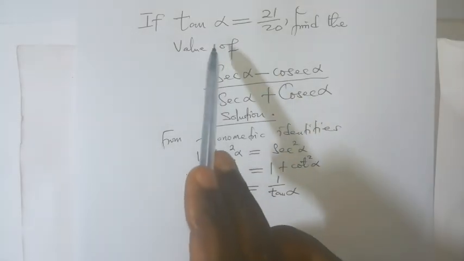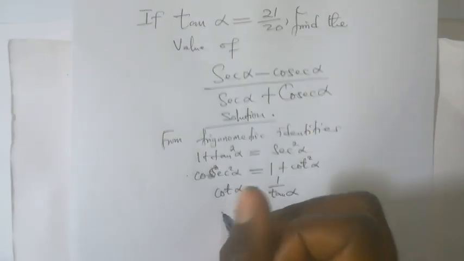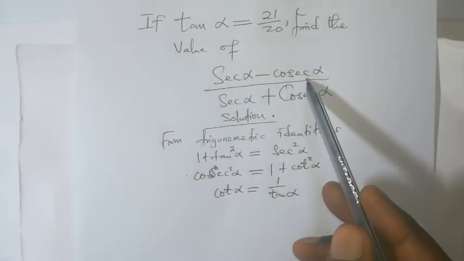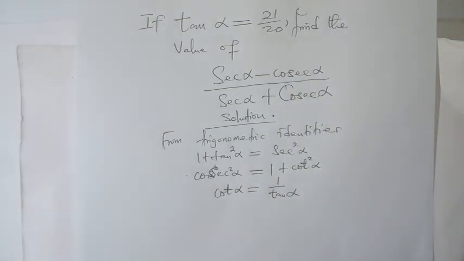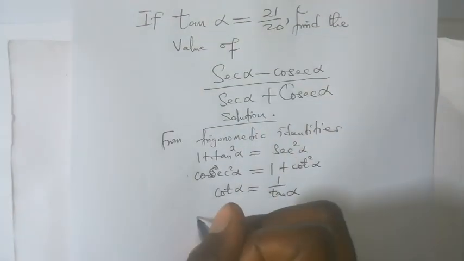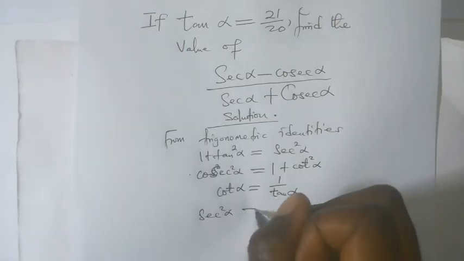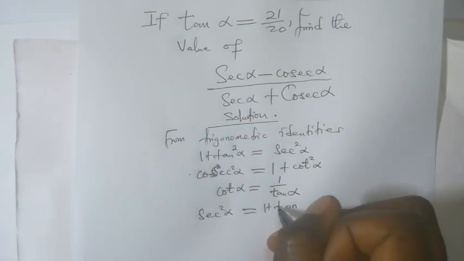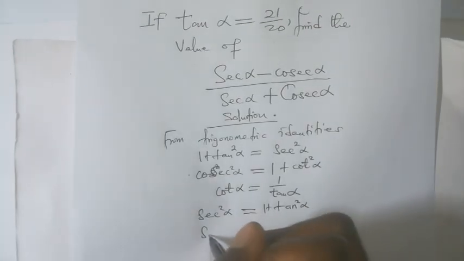So from what is given in the question, let's try to get sec alpha and cosec alpha before we input them here. Sec square alpha is equal to 1 plus tan square alpha. So let's make this the subject.